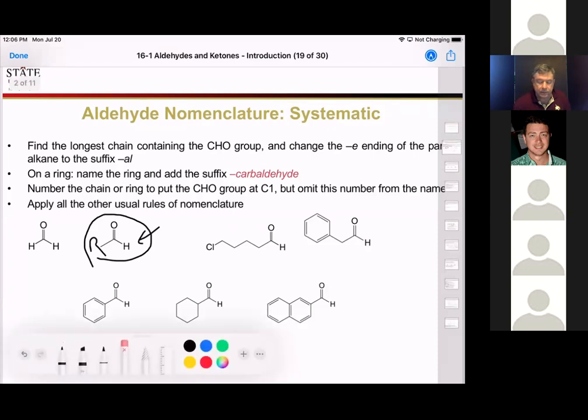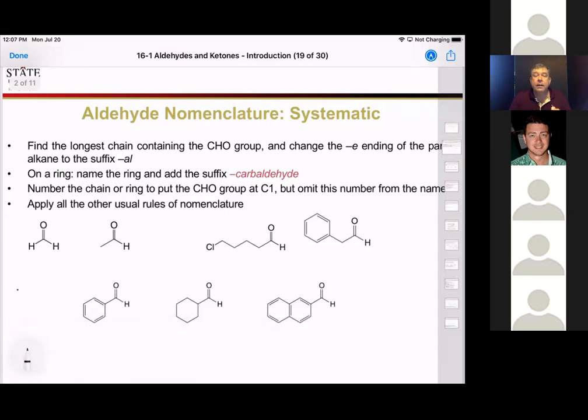Okay, so let's go and talk about the nomenclature of this. With things like aldehydes and ketones, you're going to want to find the longest chain containing the carbonyl, for both aldehydes and ketones. Most of the time, because you have a hydrogen at the end of the chain here, the carbonyl in an aldehyde will be at the end of a chain or on a side chain, okay?